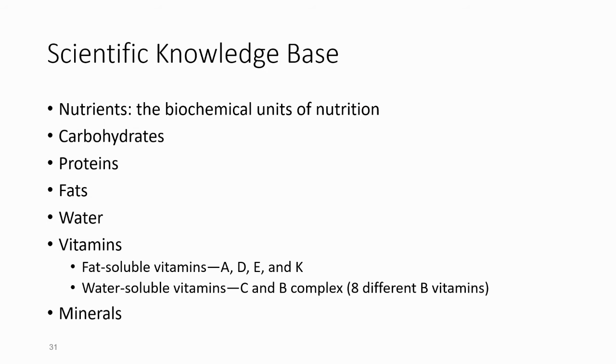So we have a set scientific knowledge base that we know we have to have appropriate carbohydrates, proteins, fats, water, of course, vitamins, and minerals to allow our body to function the way it should. Now, your textbook breaks down each of these, but I thought I would point out the differences between fat soluble vitamins and water soluble vitamins.